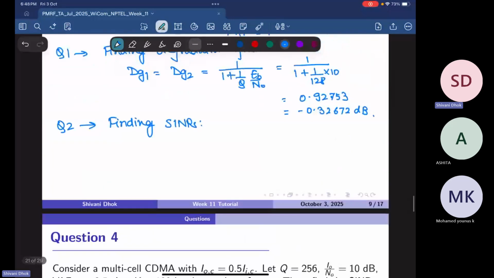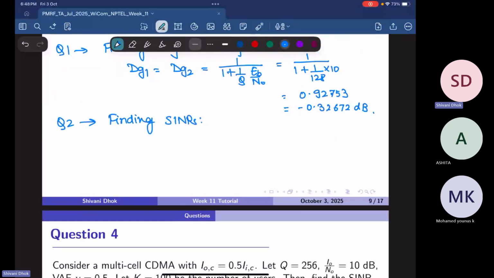So now you have SINR 1 equal to SINR 2 is equal to 10 EB by N naught divided by 1 plus 1 over Q EB by N naught.